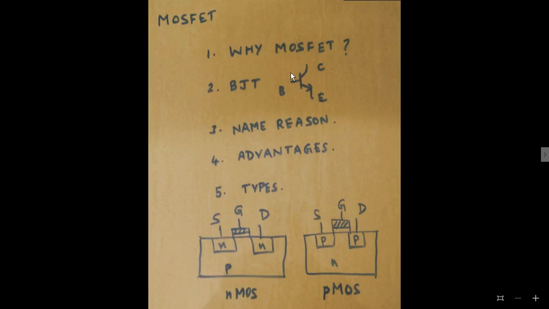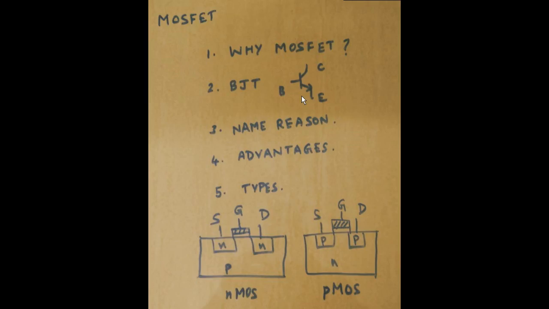In BJT there is a minor problem where even when the transistor is in idle condition, there will be some minor base-collector and base-emitter current, which will result in power dissipation. So when the number of transistors increases in a chip, this power dissipation is a major problem which results in heating and other related issues. So this is the disadvantage of BJT.